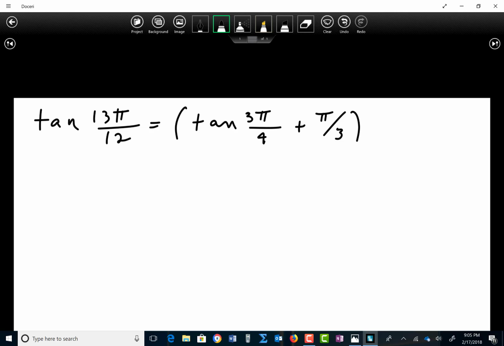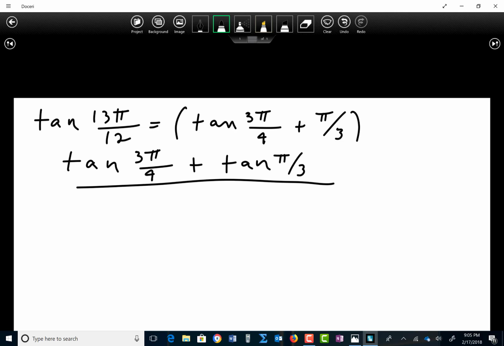And my formula for tangent is tangent of A, so tangent of 3 pi over 4 plus tangent of B, so tangent of pi over 3, over 1 minus tangent of 3 pi over 4 plus tangent, times, let's just plug a parenthesis in there, times tangent of pi over 3.